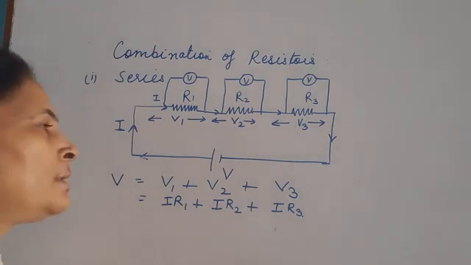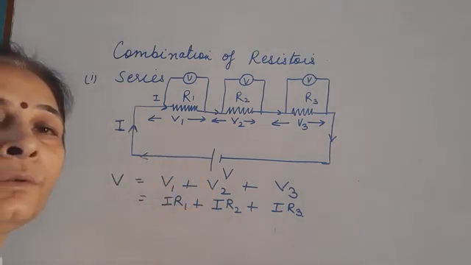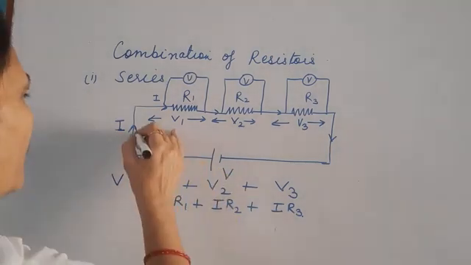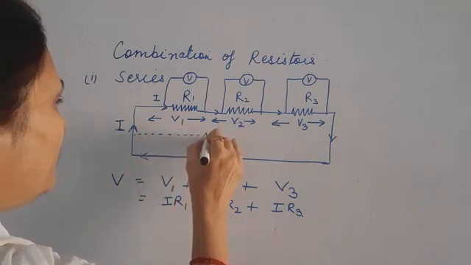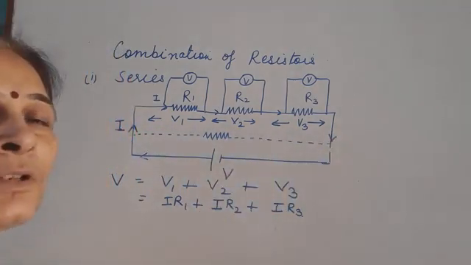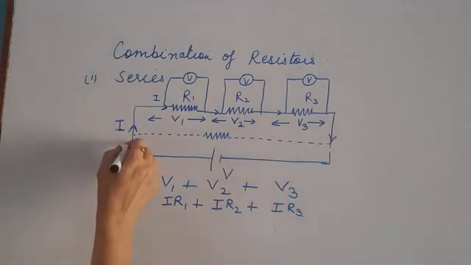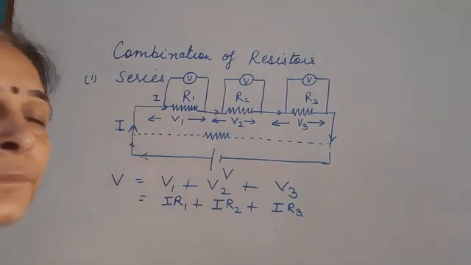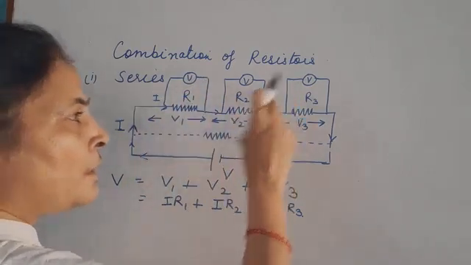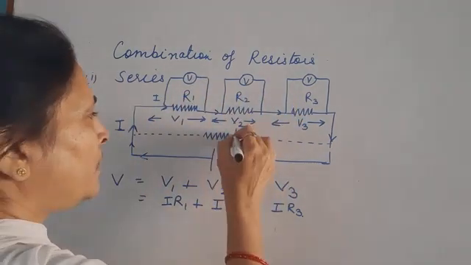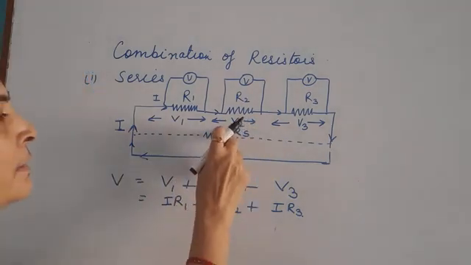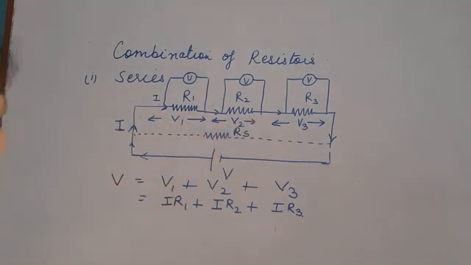Now what we have to do is replace these three resistors by a single resistor. Let us say a single resistor is connected across the same potential difference, and the current must remain the same, the same I. This resistor will be neither R1, nor R2, nor R3, so let us call it RS, indicating resistance in series combination.